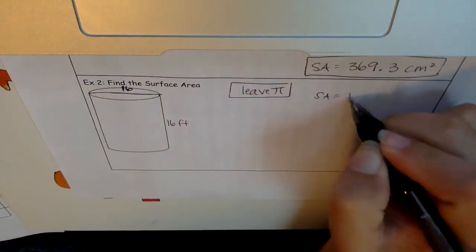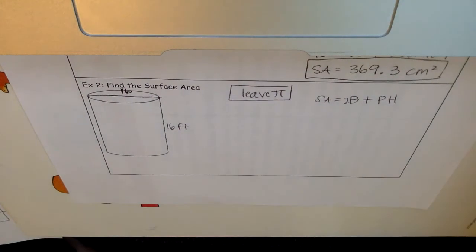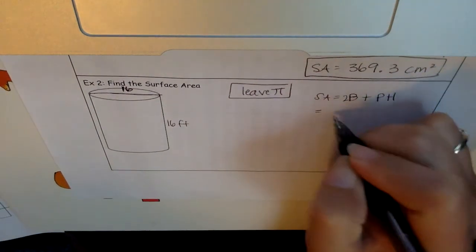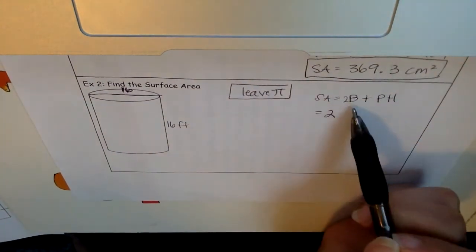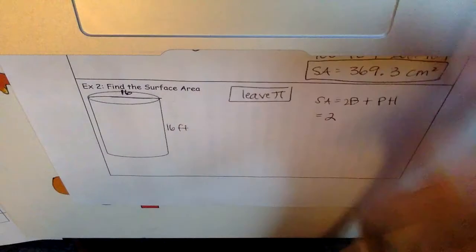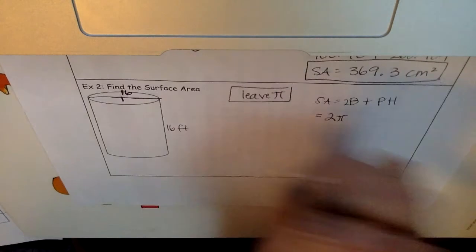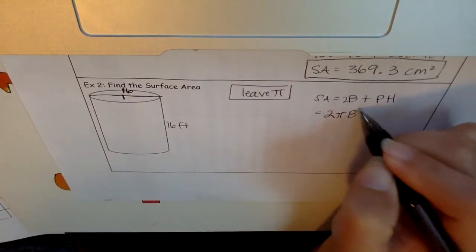Our formula, surface area equals 2 times the base area plus the perimeter of the base times the height. And for this one, our base is a circle, so it's pi r squared, pi. And then here, the diameter is 16, so the radius is 8.